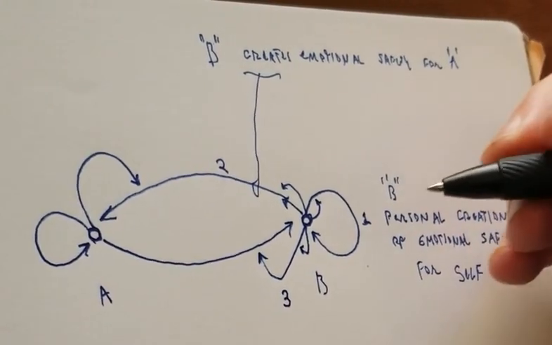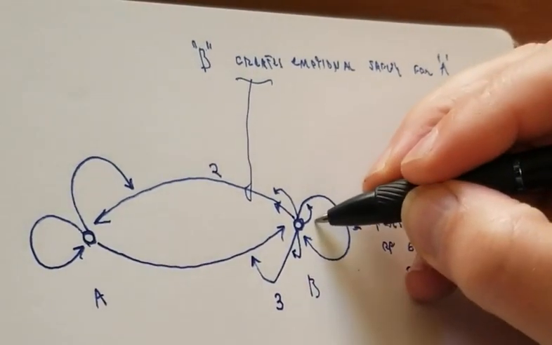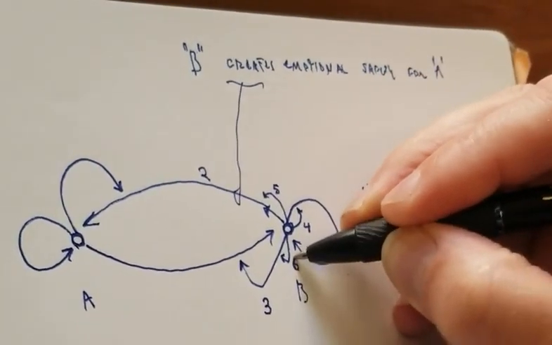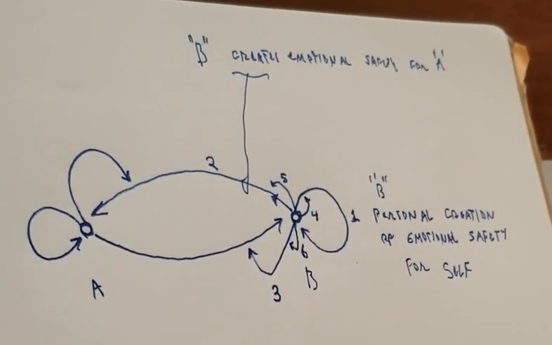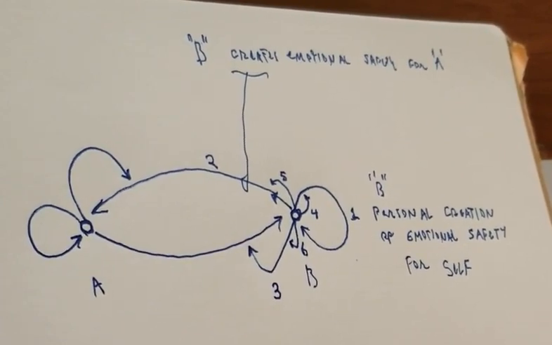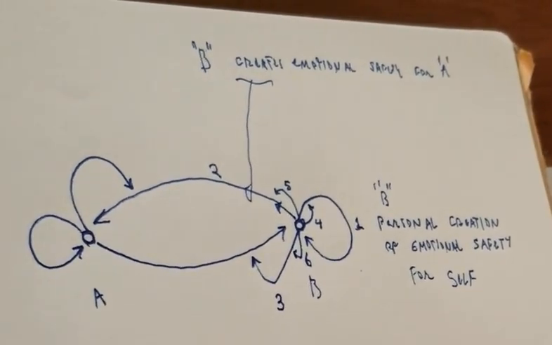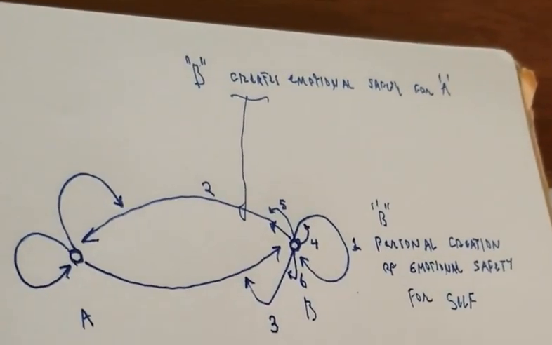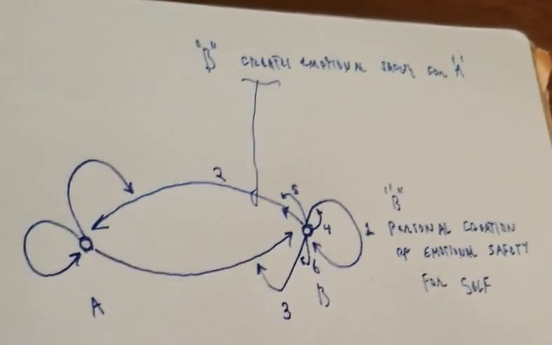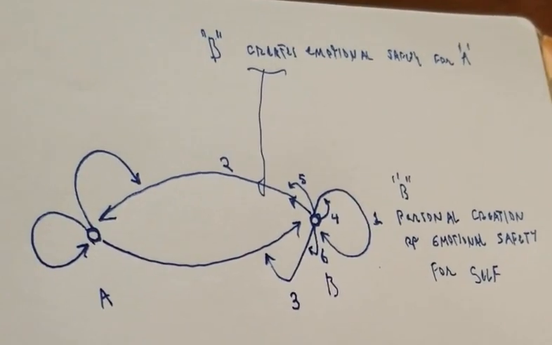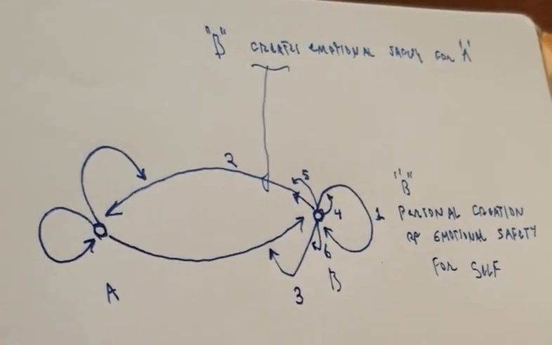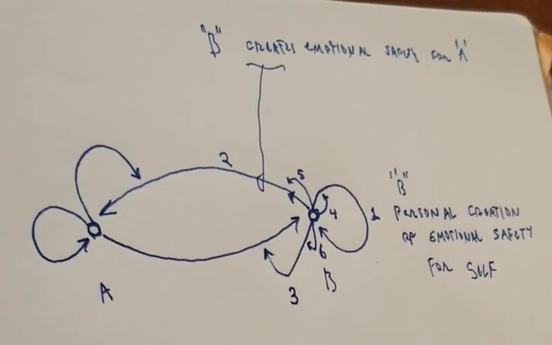So I guess I can label them as 4, 5, and 6. And so this is the model. I'm sorry it's complicated, but I don't know how to make it any simpler. This is genuinely the simplest possible model of what the dynamic of emotional maturity feels like in a peer-to-peer relational context.